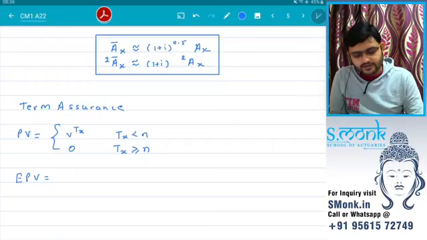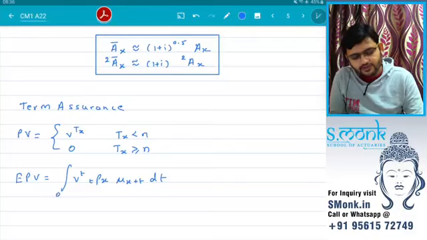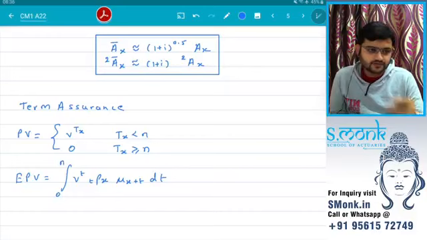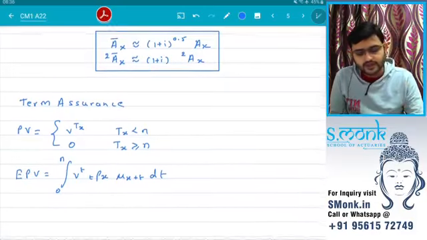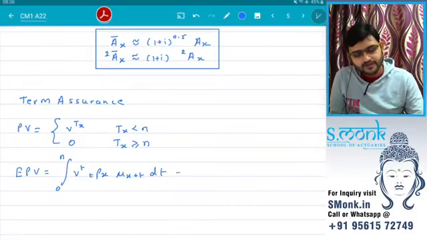Expected present value will be exactly the same as whole life, the only difference will be that we will be going from 0 to n, and we will write it as A bar x:n with a term marker.